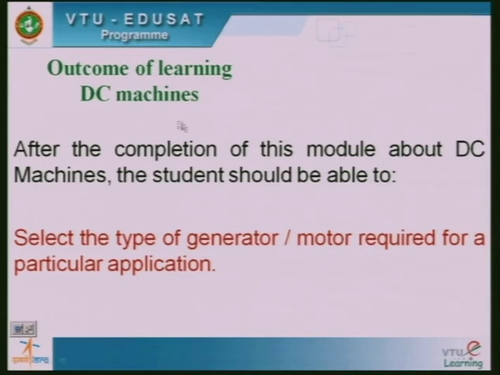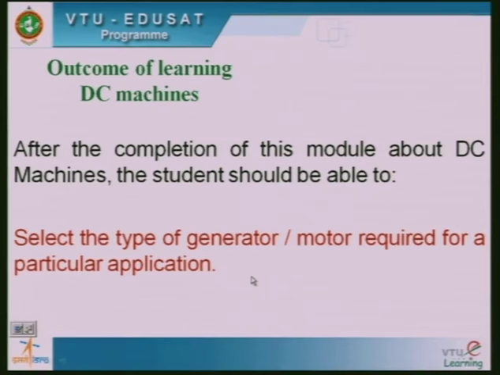The outcome of this topic is that after the completion of this module about DC machine, the student should be able to select the type of generator or motor required for a particular application.